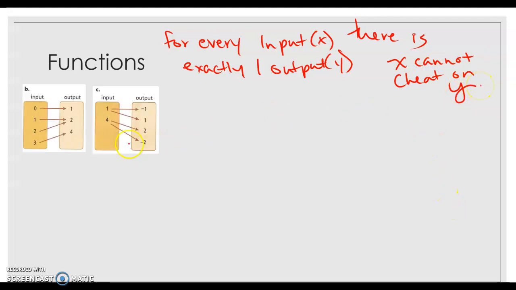In a mapping diagram, our input should only have one arrow going from each. So when we look at B, each of these, 0 to 1, 1 to 2, 2 to 2, 3 to 4, this makes this a function because every input has exactly one output. Whereas our next one, each of my inputs actually have two outputs, so this is not a function.